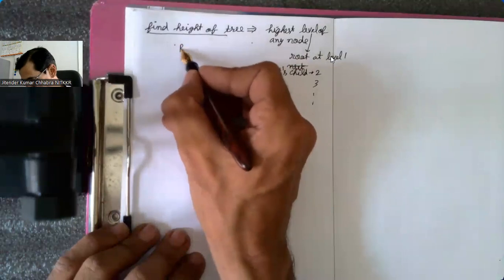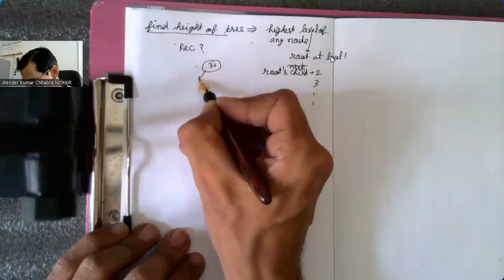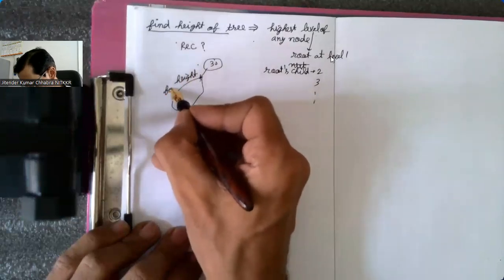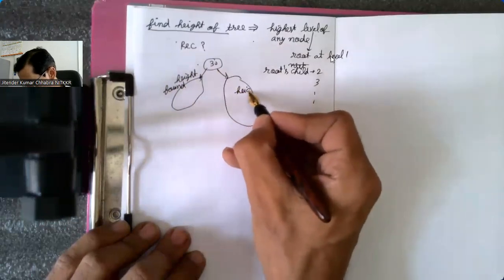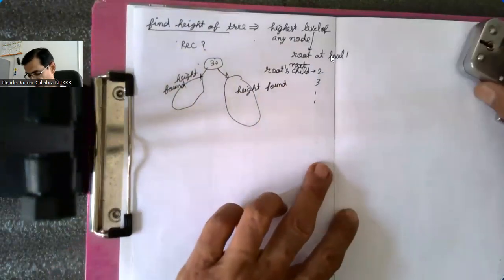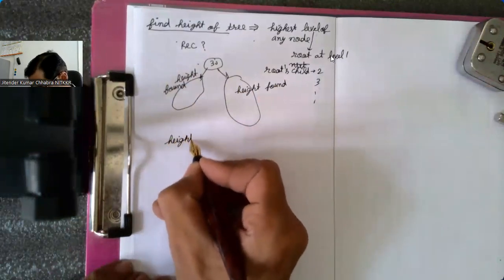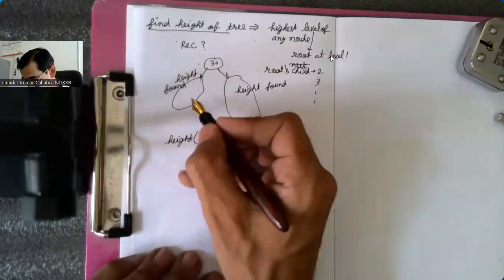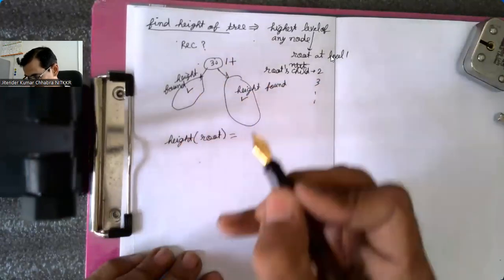So recursion useful or not? Means on a certain node I am at 30. If I find this side's height, this side's height found. Assume these heights are found. Now can recursion solve to find overall height? Yes. So if yes, recursive definition to be made. So height of a tree will be equal to what? I say height of the tree is now obviously 1 plus either this height or this height.